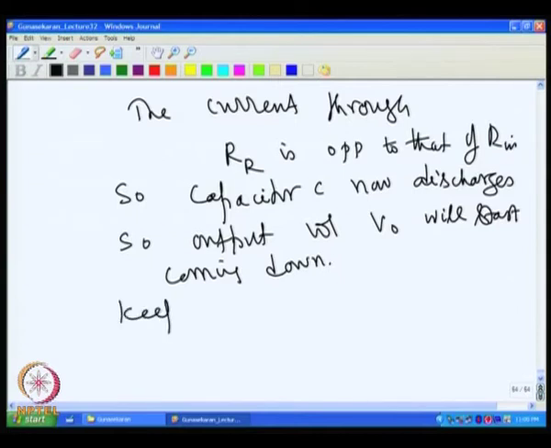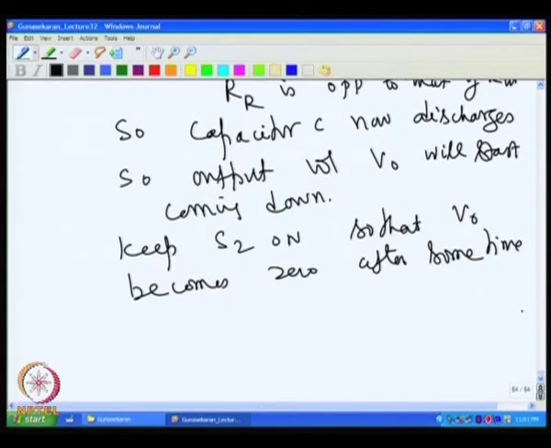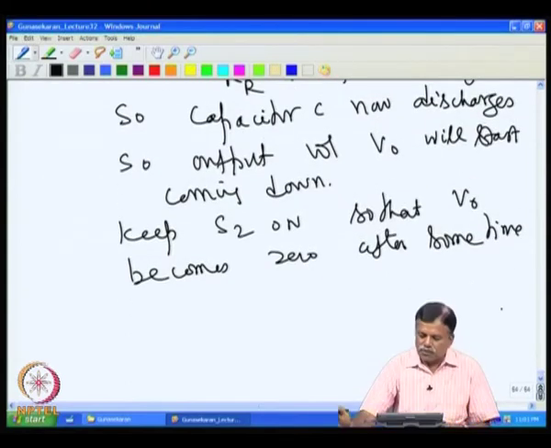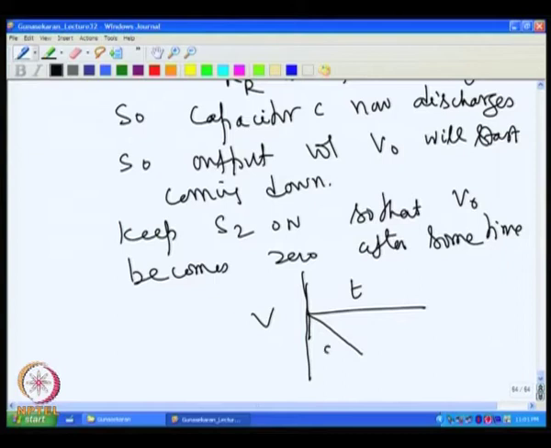Keep S2 on, so that V0 becomes 0 after some time. Essentially, if you look at our original curve, the time versus voltage, when S1 is on it goes down the minus side and keeps decreasing at a rate.